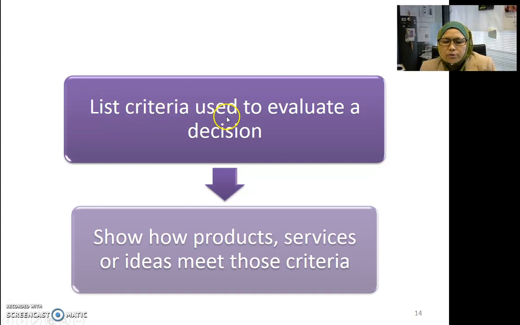Okay, the next one is criteria satisfaction. List the criteria used to evaluate a decision and show how products, services, or ideas meet those criteria. So you need to come up with your own criteria. For instance, you want to sell someone a Continental car. You need to tell them about certain criteria.